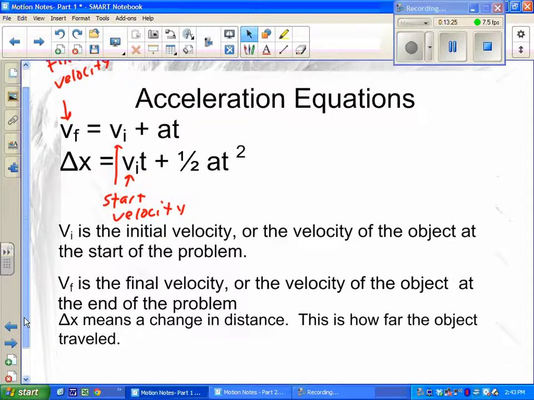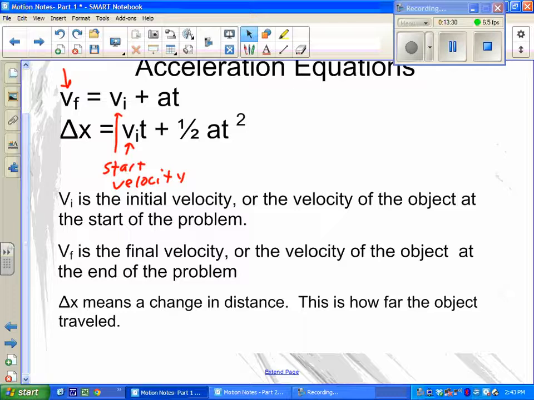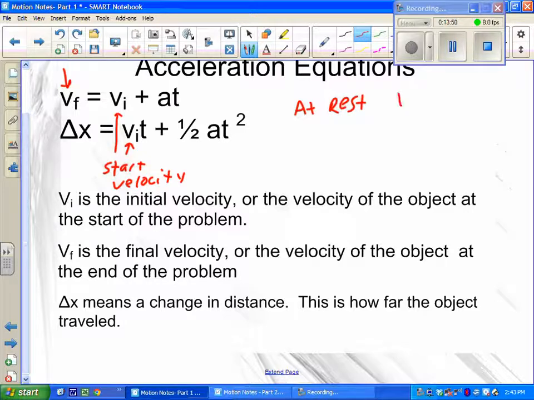Delta x means a change. We already said that. You don't need to write that down again. And there was one more thing that's not on here. Let's write it down. There's 2 things we need to know. If something says at rest, we know our starting speed is 0.